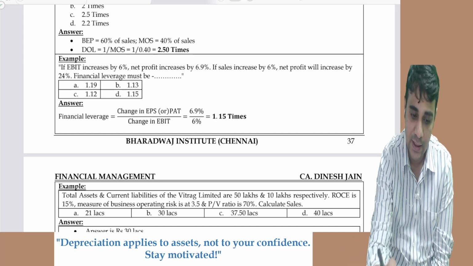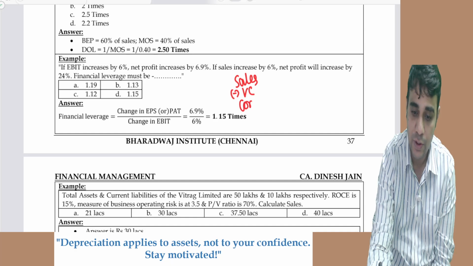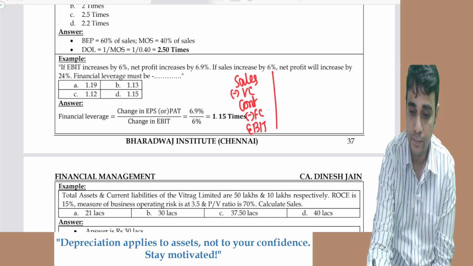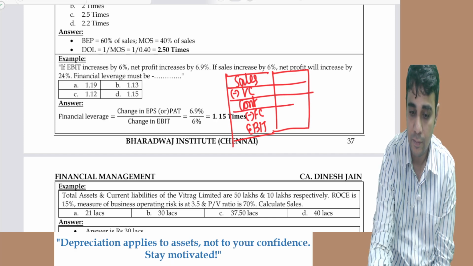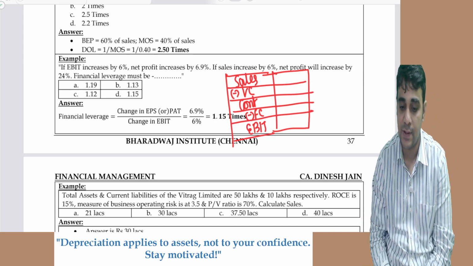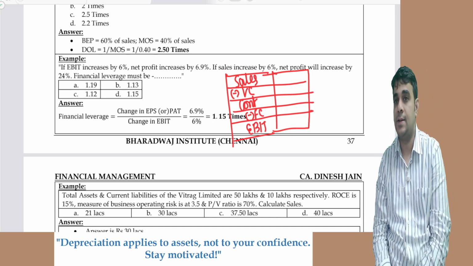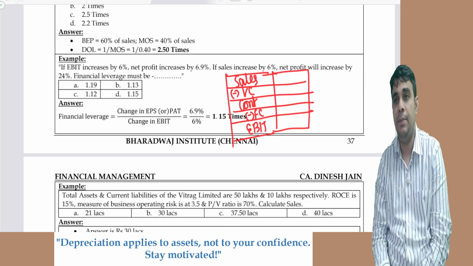Let's write the format and see. Sales less variable cost, contribution less fixed cost, EBIT. We have to calculate sales. Tell me, how can I calculate EBIT here first?